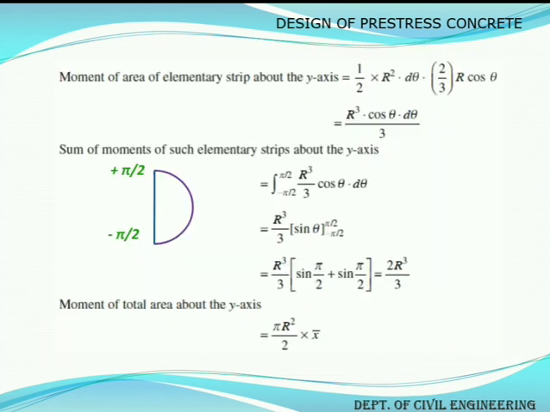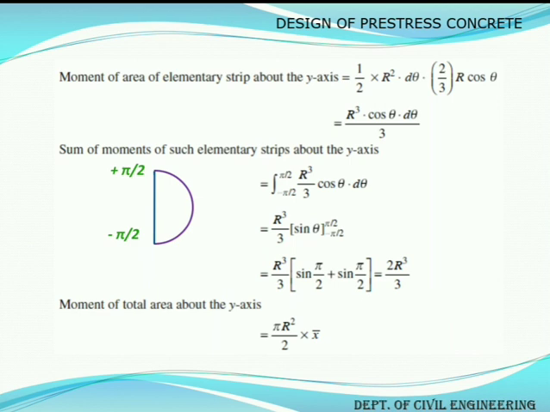Now in the next step, the moment of the elementary strip about the y-axis is what? Half into r d theta, that r and r is multiplied and made r square, multiplied by the horizontal distance. What was our horizontal distance? 2/3 r cos theta.